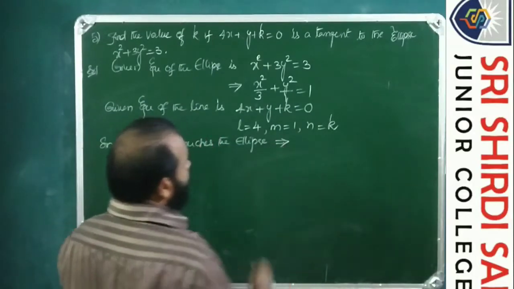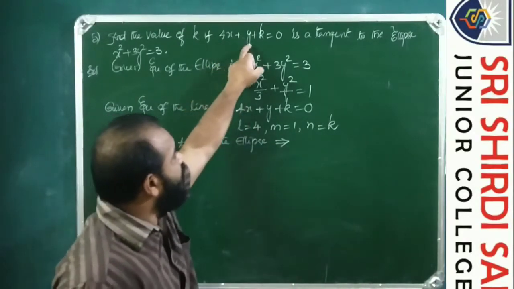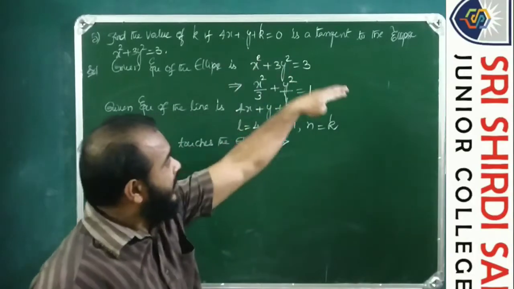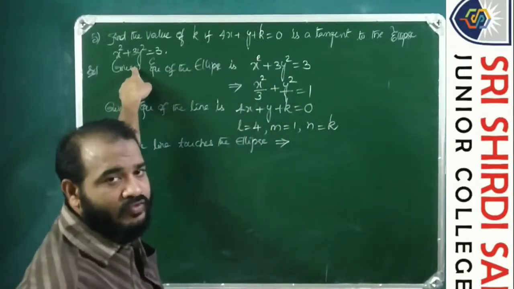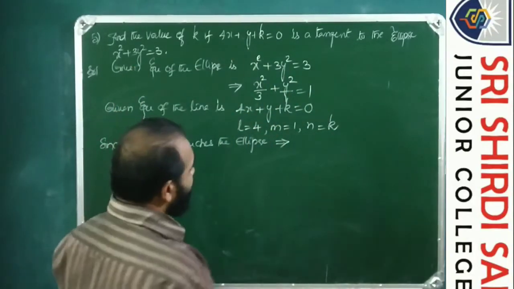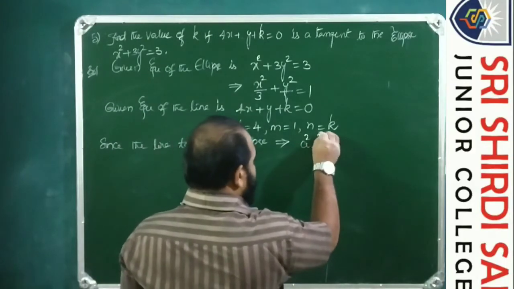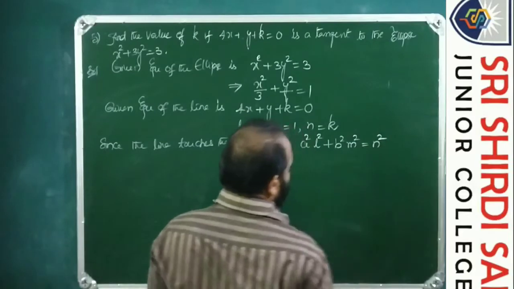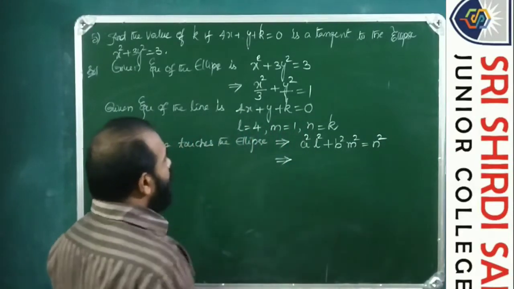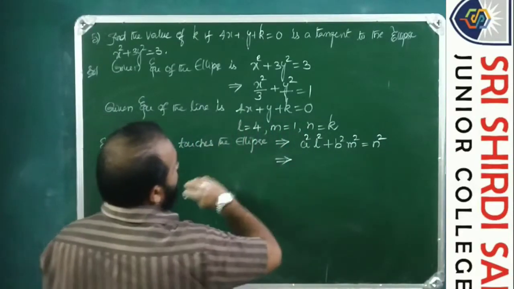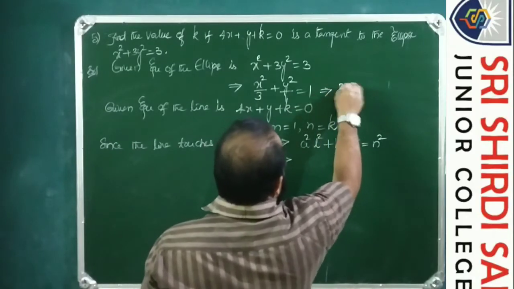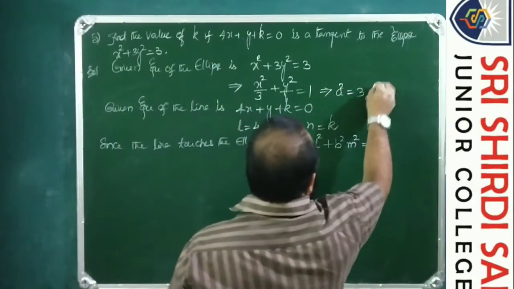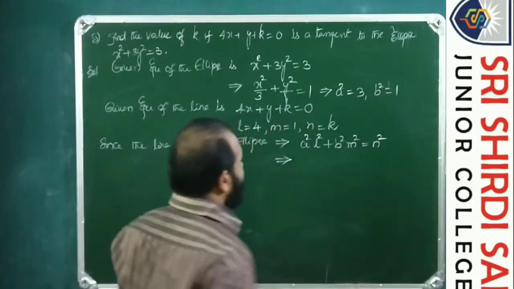What is the condition for the line Lx plus My plus n equals to 0 to be a tangent to the ellipse x square by a square plus y square by b square equals to 1, which is a square L square plus b square m square equals to n square. So a square here is 3, b square equals to 1.